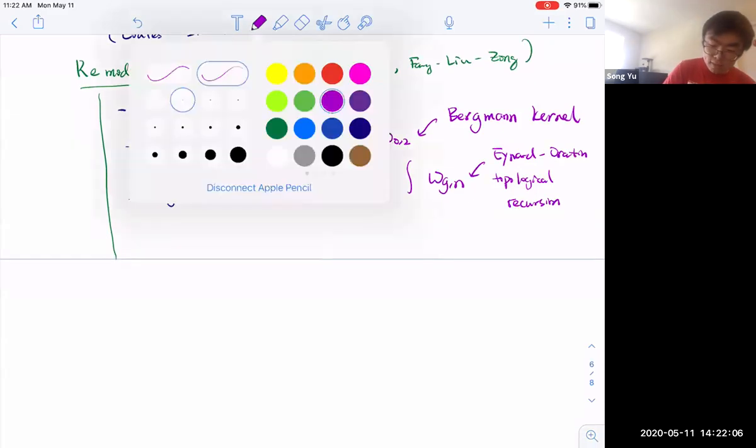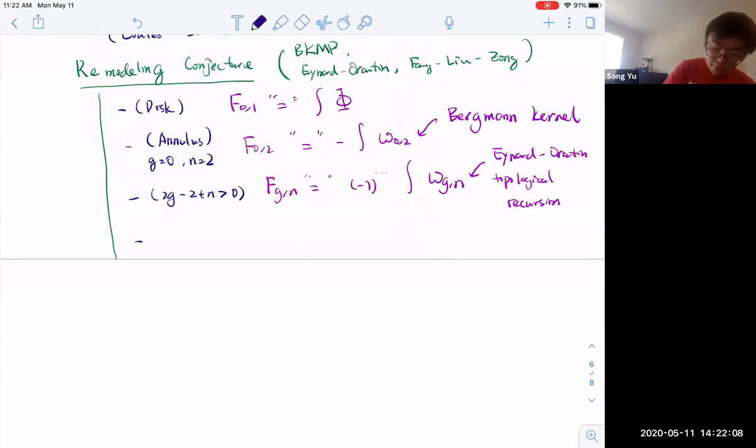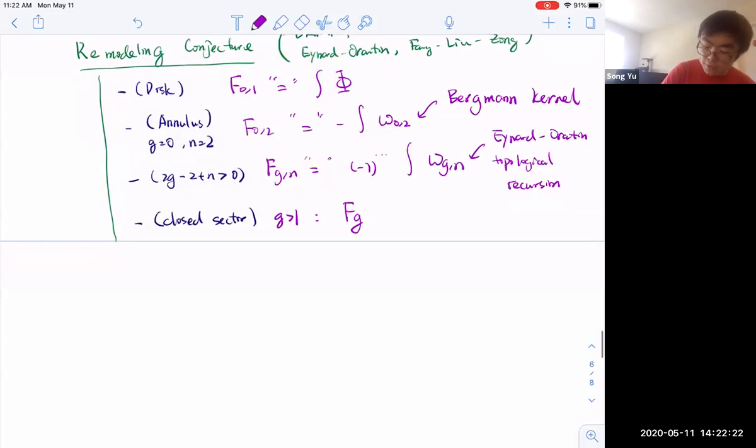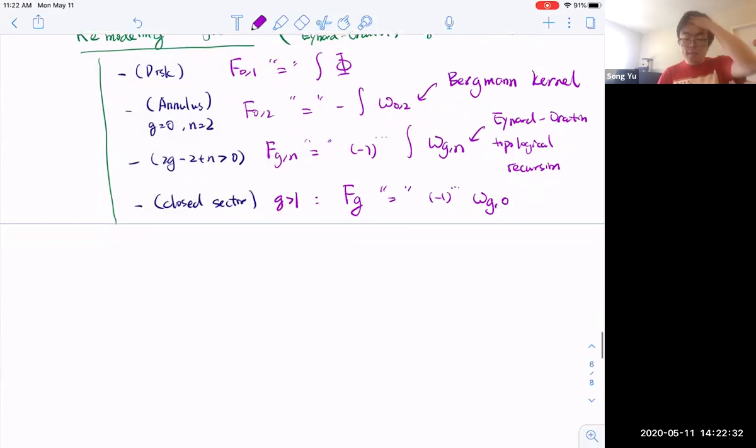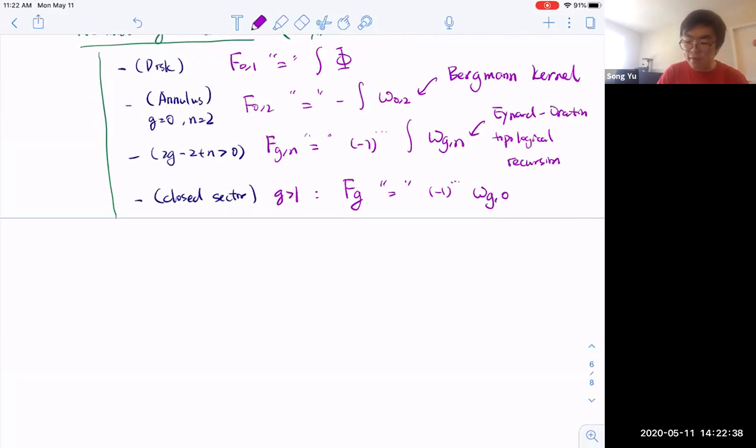And lastly, we have a statement for the closed sector. In the case g is greater than 1, we have the usual closed Gromov-Witten potential, or the generating function for Gromov-Witten invariants F_g, equal to, again, some signs times omega_g0. This is some function that can also be defined by this topological recursion process. For g equal to 0 and 1, we need some special care.